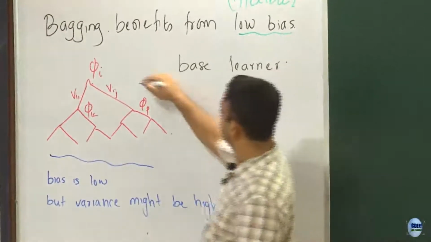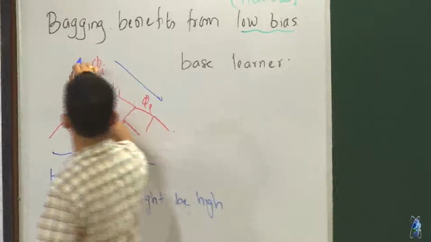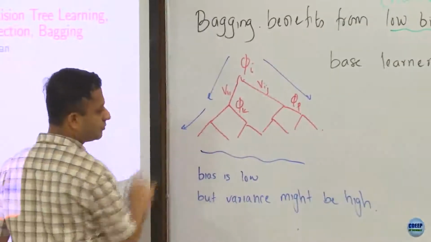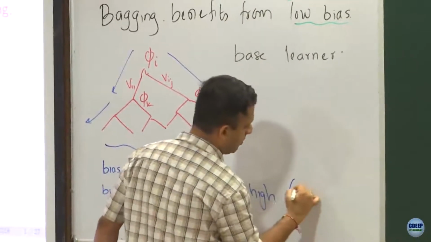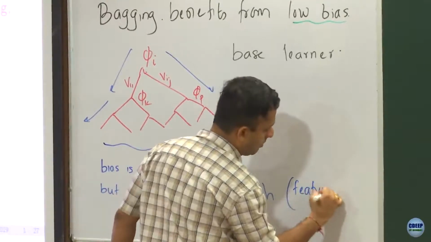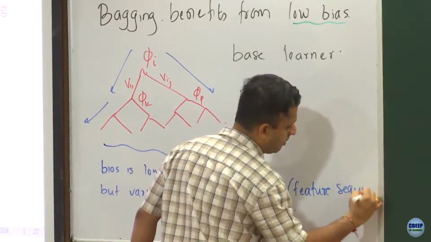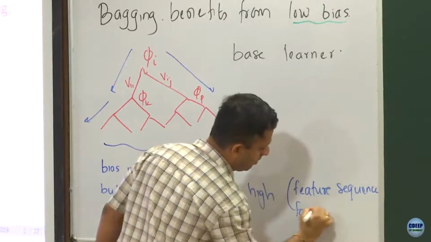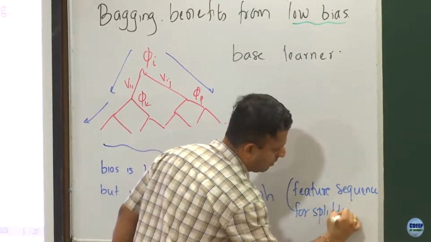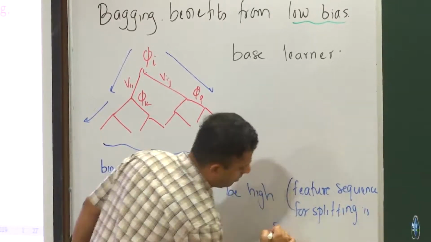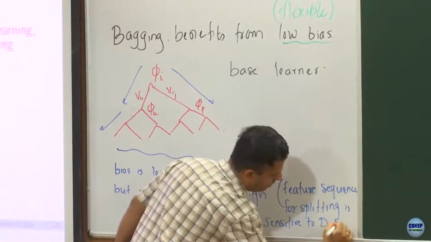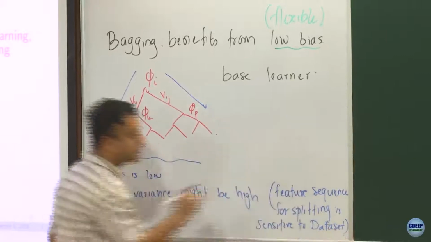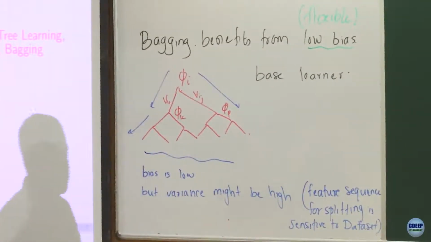The feature sequence for splitting is sensitive to the choice of the data set.